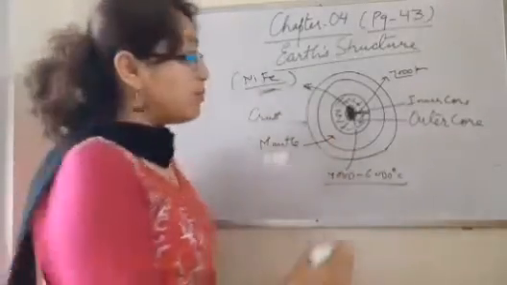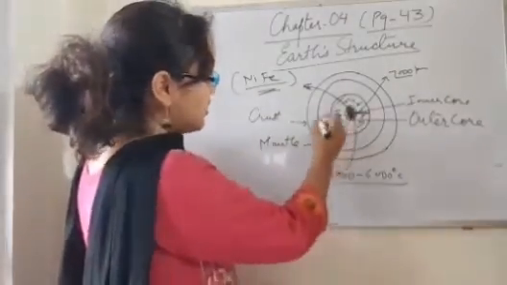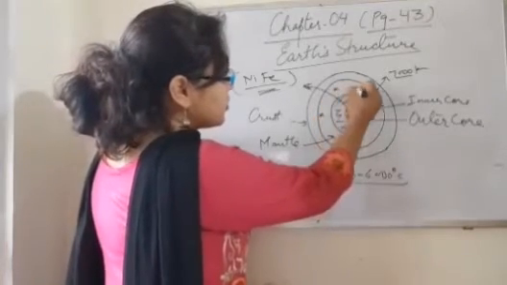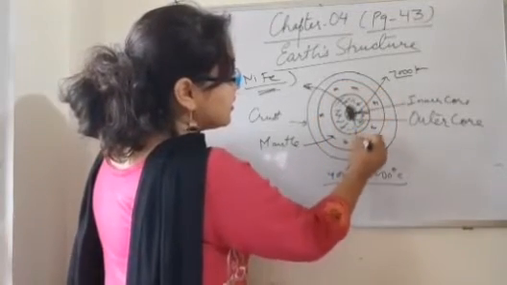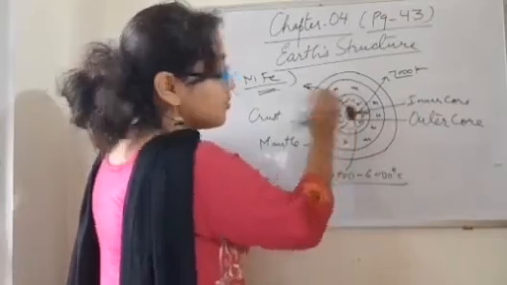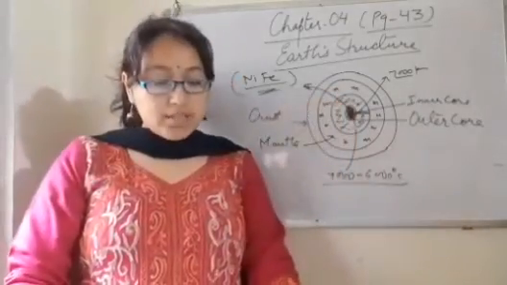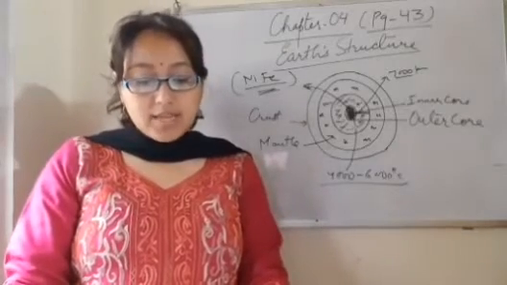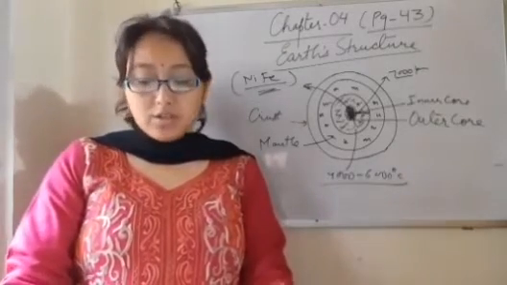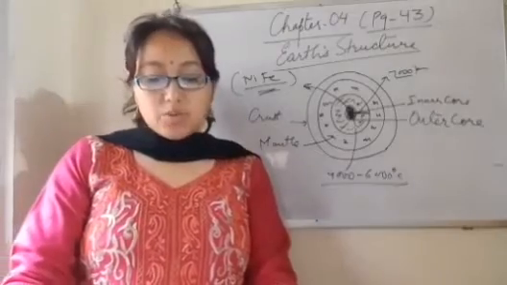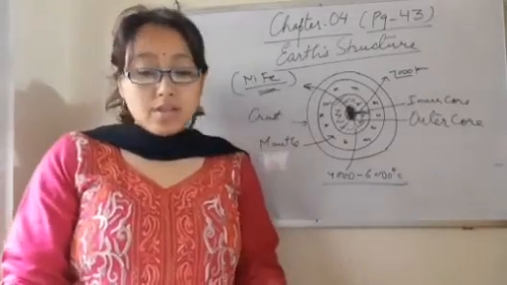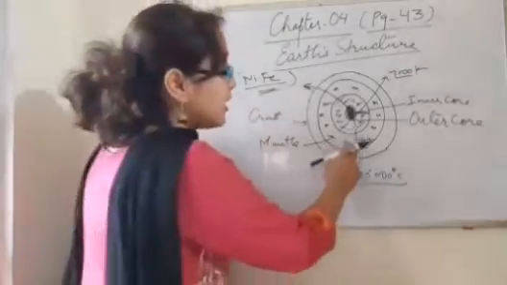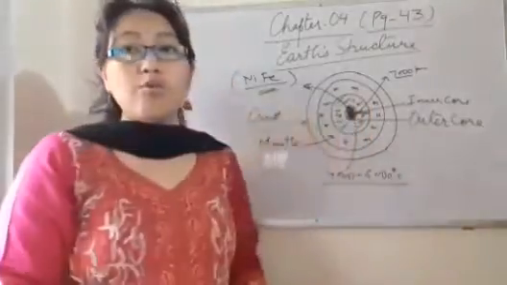So I'll write M here for mantle. So this M layer is mantle, right? Okay, the mantle is about 2900 kilometers thick and comprises 83 percent of the Earth's volume.